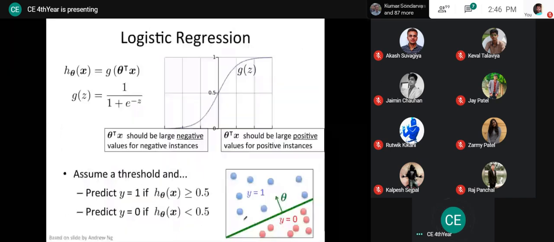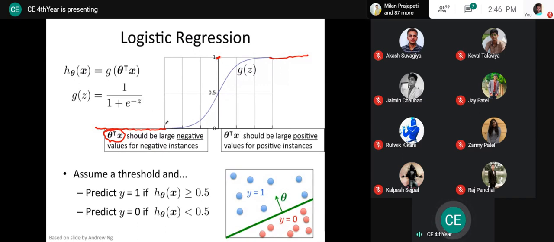Fine. So for now, before moving forward, what will be the impact of this theta transpose x on the result? Let's say that value is very large. If you extend this particular graph at either end, that means the probability value is near 1, right?